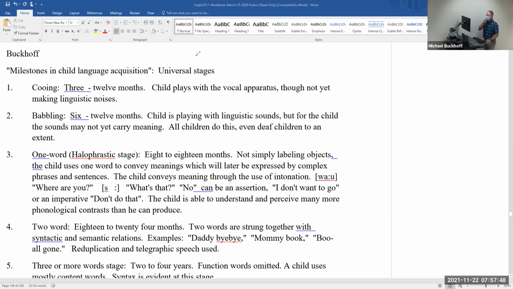My wife and I, our child did not go through these exact stages. As you see here, our child was born, he didn't breathe for the first 30 minutes of his life. And after that, he had some trouble. And when he was in TK, we actually had him repeat.